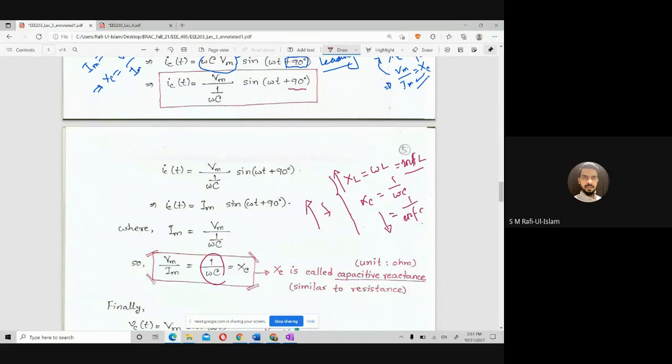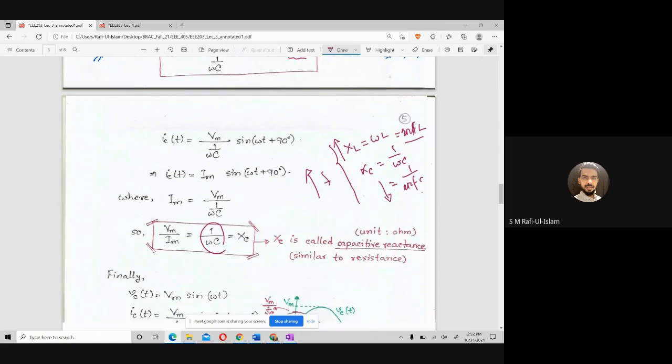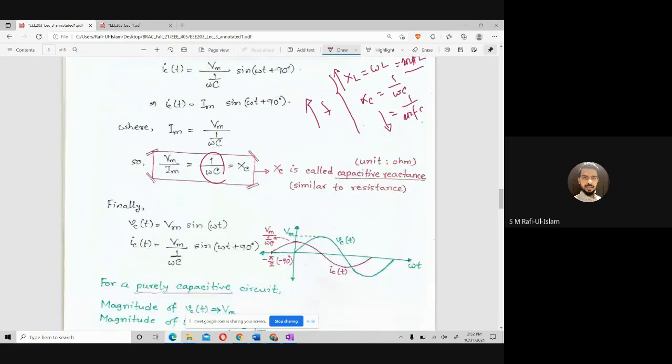If I decrease the frequency, XL will decrease whereas XC will increase. In terms of current behavior, leading or lagging, that also changes. For an inductive circuit, current lags by 90 degrees, but for a capacitive circuit, current leads by 90 degrees.